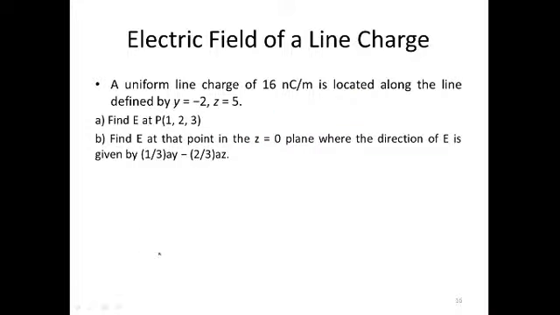Here we have such a line charge, and you need to compute the value of the electric field intensity in part A. Here it is P in the bracket 1, 2, 3. So it can also be identified. I just take the z axis, y axis, x axis.